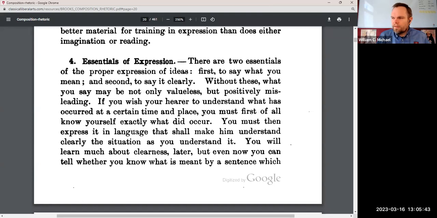We read them right here in the first sentence: first, to say what you mean, and second, to say it clearly. That's all there is to speaking or writing effectively.